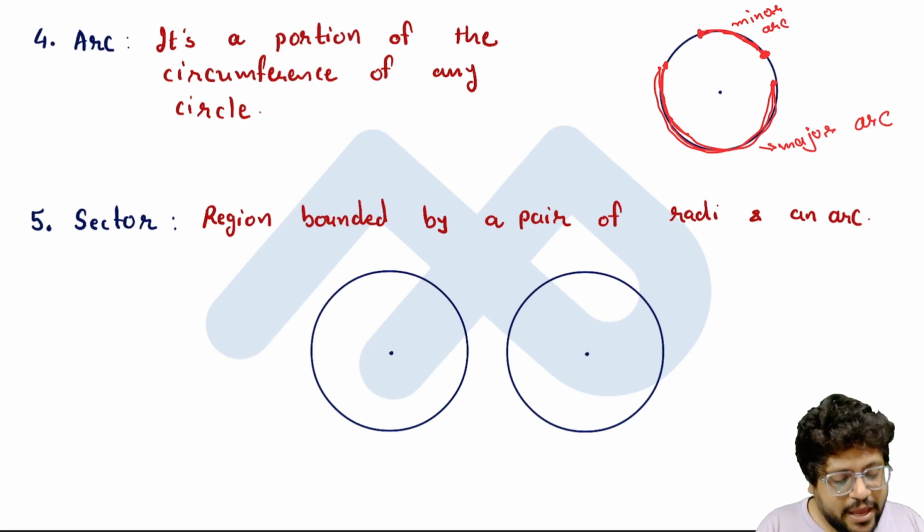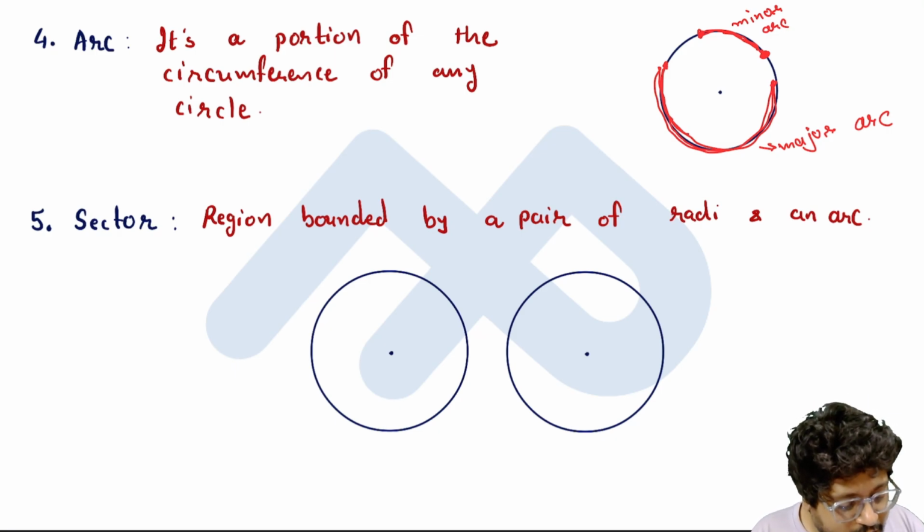Clear? Then the fifth one is a sector. A sector is a region. It's not just a line or a curve. It's a region bounded by a pair of radii and an arc. Let's take one arc like this and two radii. These are two radii, and there is one arc like this.